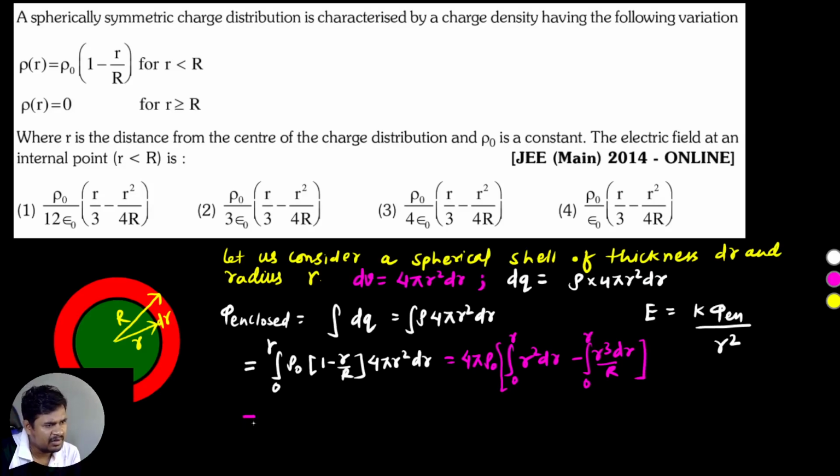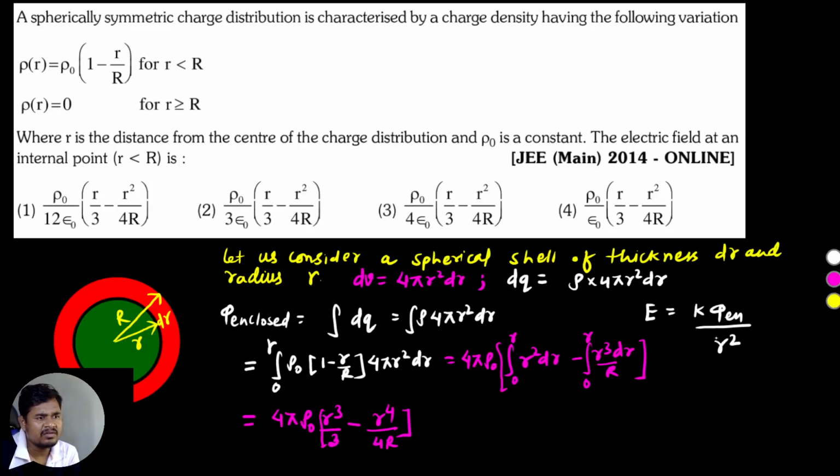Now let us calculate this value. So this will become 4 pi rho naught times (r cube by 3 minus r to the power 4 by 4R). So this is our q enclosed that we have got here.